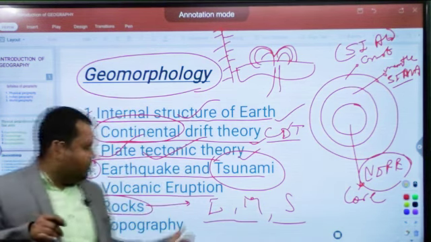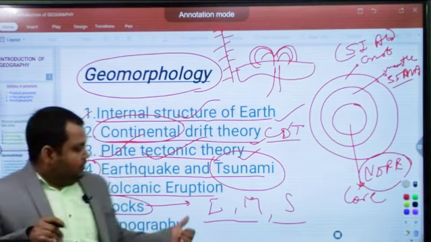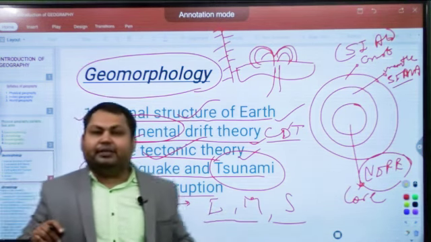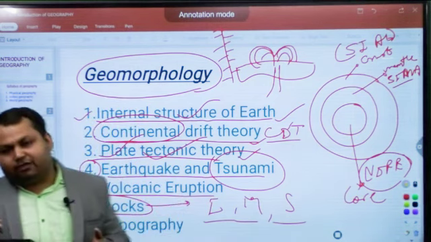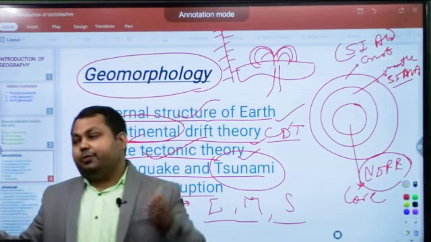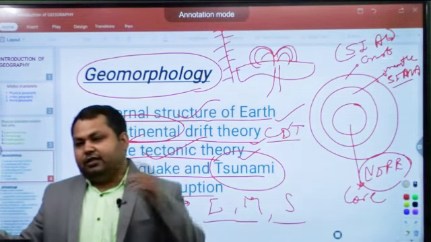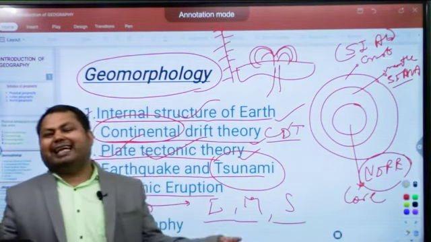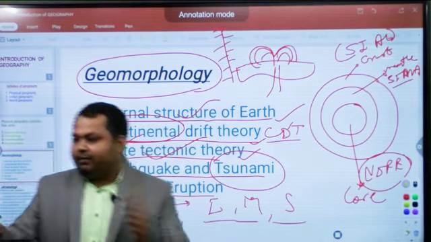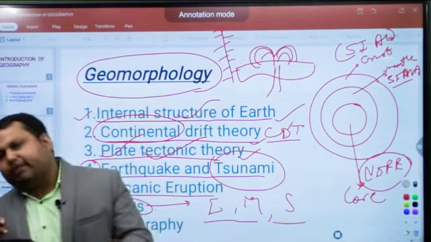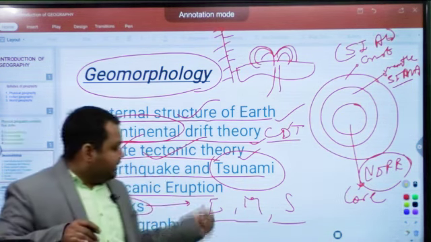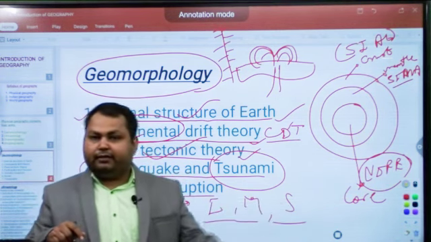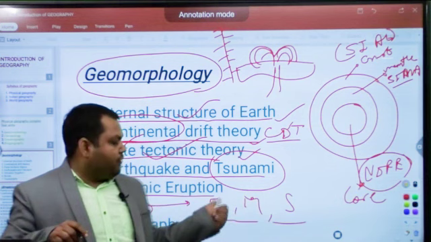If we talk about the metamorphic, if intense pressure and high temperature are applied on igneous and sedimentary rock, then there takes place formation of metamorphic rock, right? So, metamorphic rock is a kind of converted rock from igneous or sedimentary.